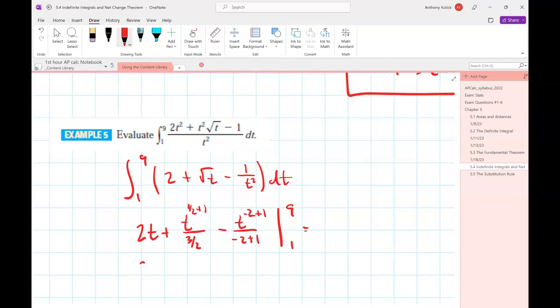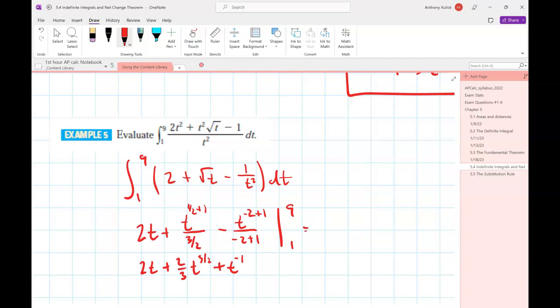So clean this up a little bit. We have 2t plus 2/3 t to the 3 over 2, or really plus t to the -1. I'll write it that way.